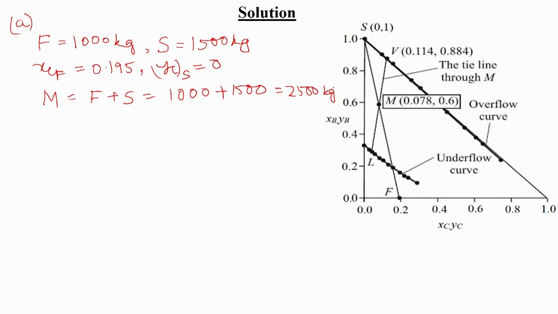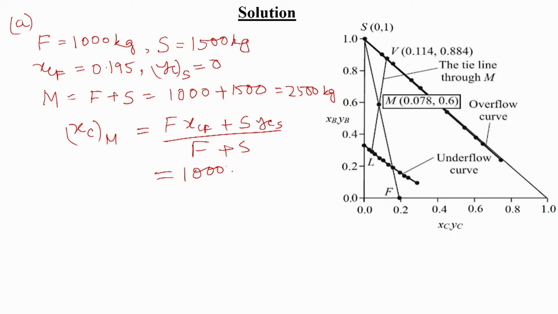Okay. Now, we can get this XCM, say this M, that will be F XCF plus S YCS divided by F plus S. So, it is coming out as 1000 into 0.195 plus 1500 into 0, divided by 1000 plus 1500.